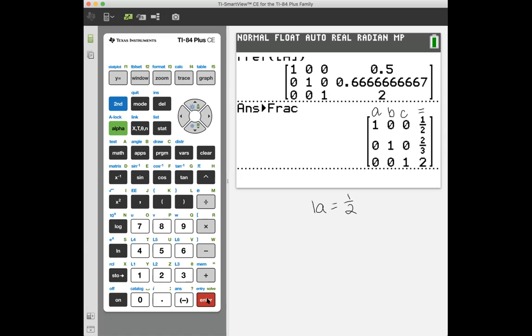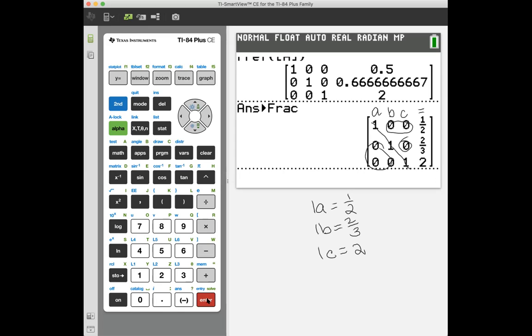I have 0 plus 1B equals 2/3. And then I have 1C equals 2. So notice how these are all zeros, and we just have ones that go down on a diagonal. That is what makes it reduced row echelon form, that everything is zeros except for a diagonal of ones.